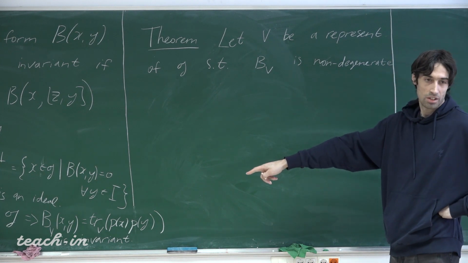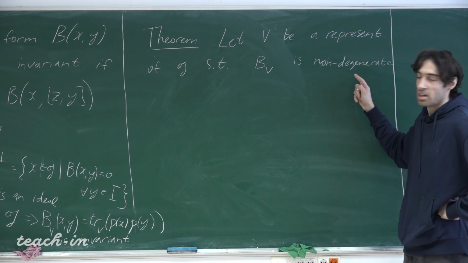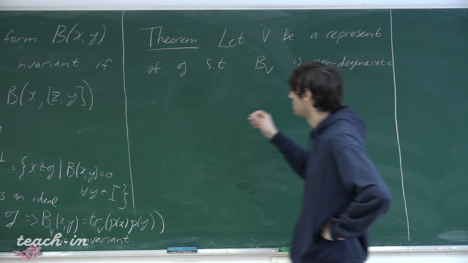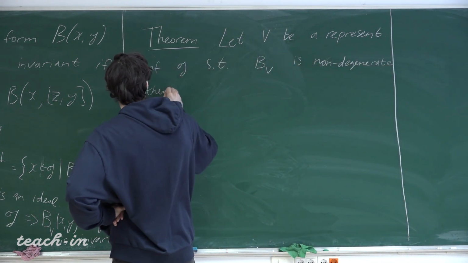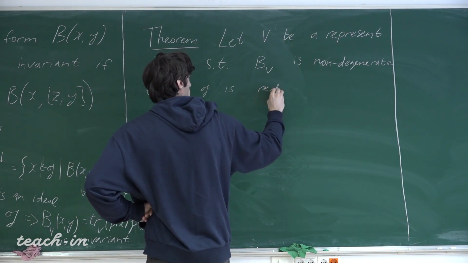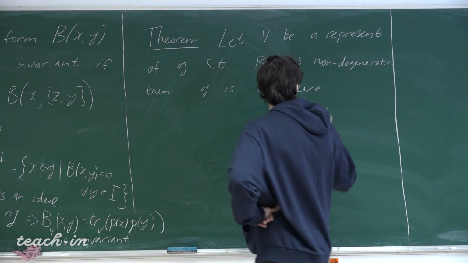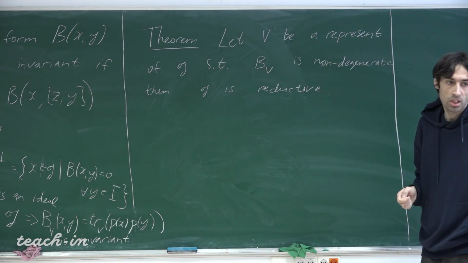Non-degenerate means that the orthogonal complement to G is 0. Then G is reductive. Let's prove that.